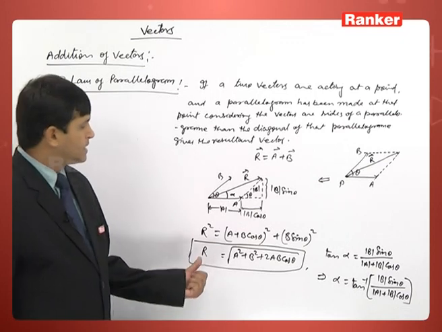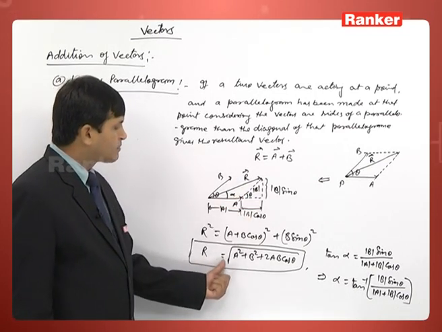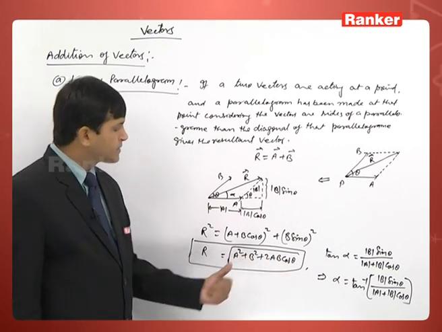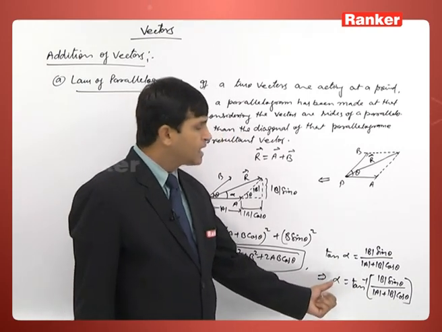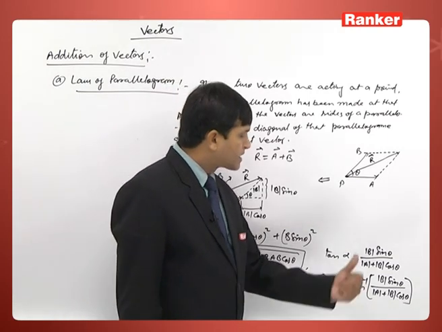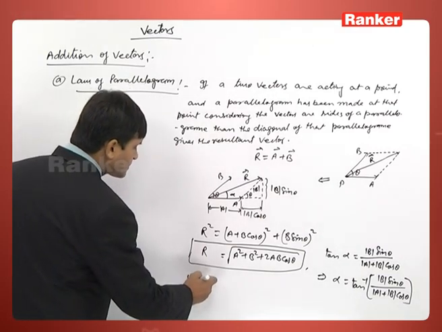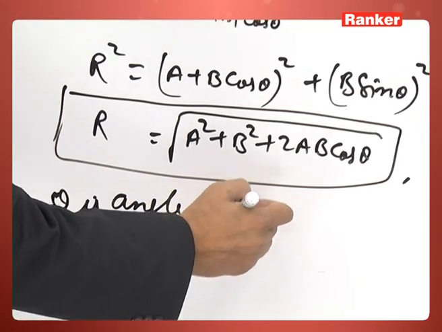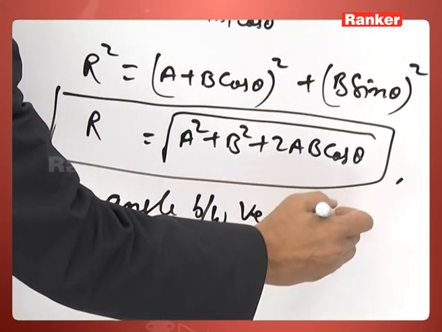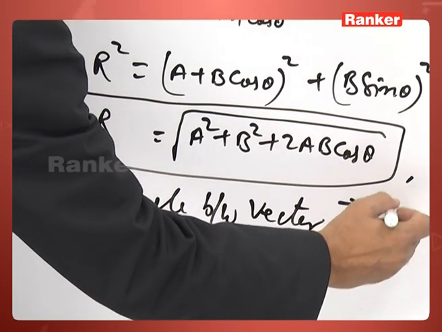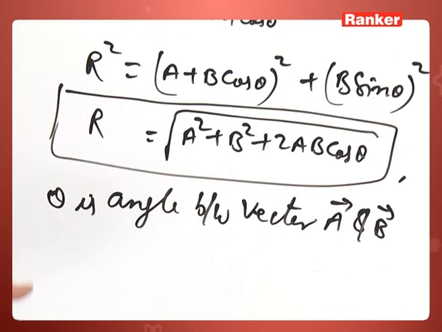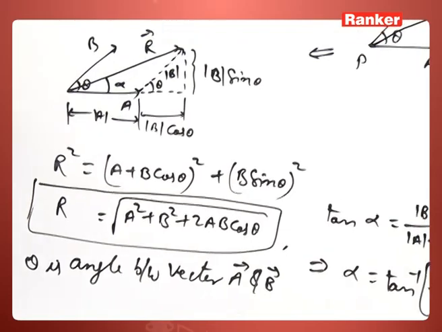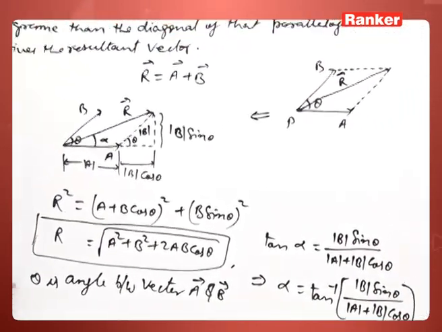Finally, the magnitude of the vector R is given by this relation, where theta is the angle between vectors A and B, and alpha is the angle made by the resultant vector with vector A. This is the method by which we can add two vectors, and that method is called the law of parallelogram.